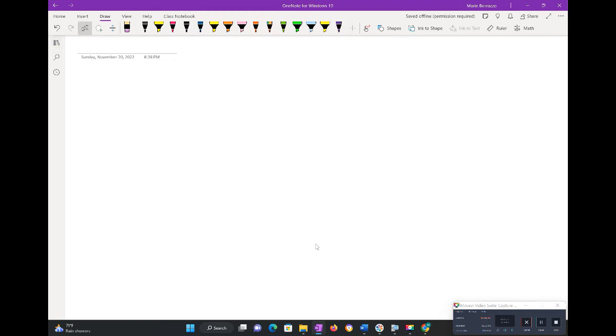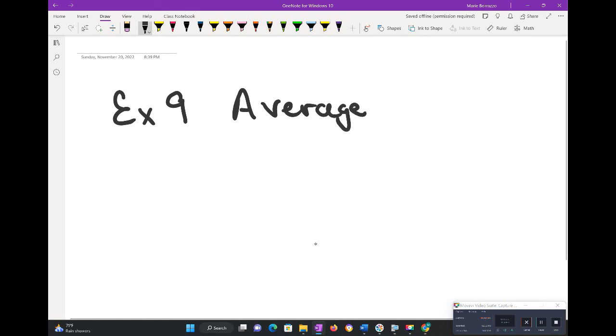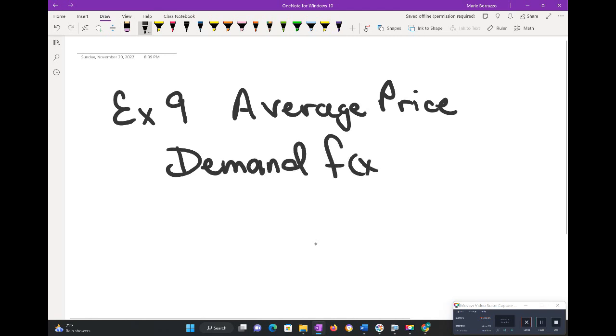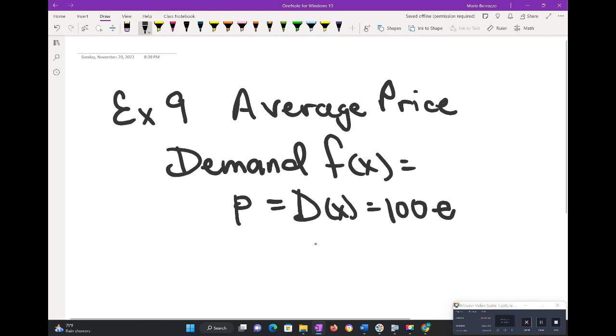In this question, we have example 9. This is an average price question. So this says they're giving you a demand function. I'm just going to put f of x, you get the idea. They're saying the demand function for p is d of x is equal to 100e to the -0.05x.